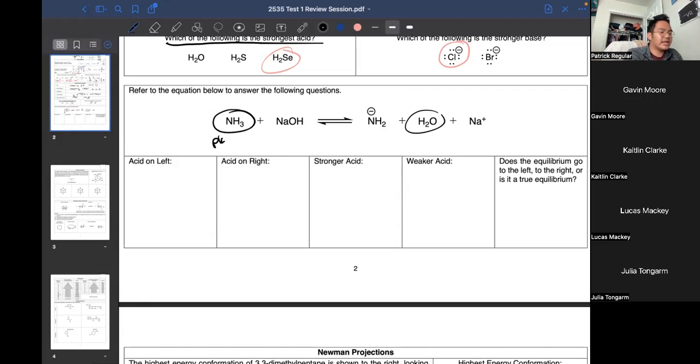The pKa of NH3 is 38, so it's really, really high and not very acidic. The pKa of H2O is 15.74, relatively low. So NH3, H2O, which one is the stronger acid?